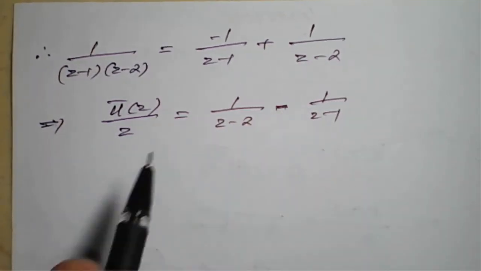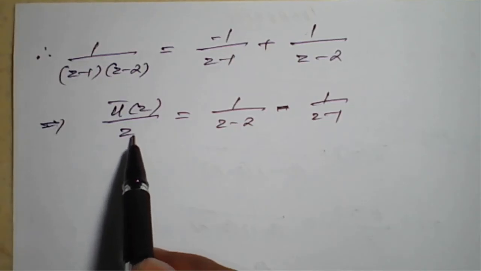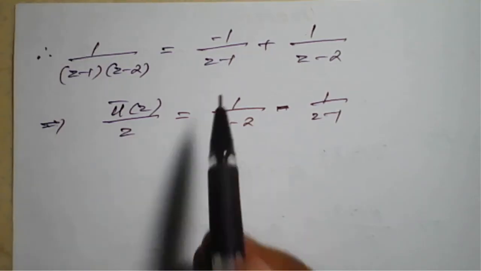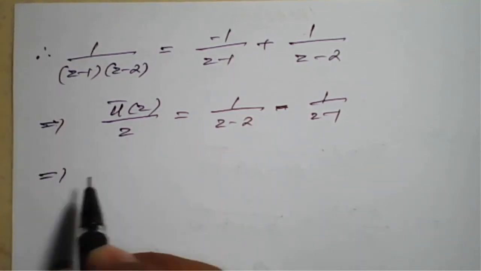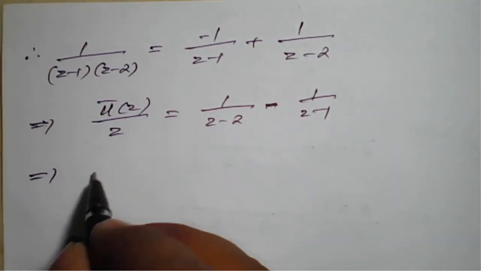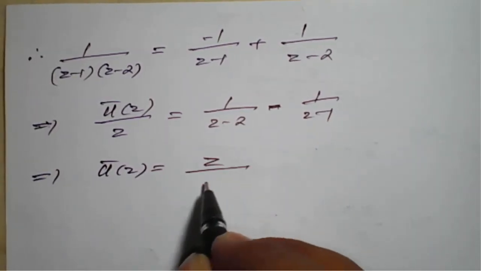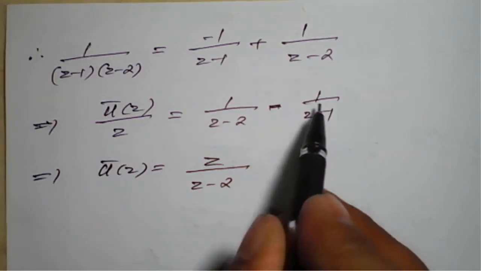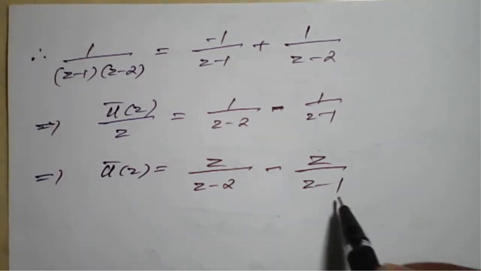Once we got this, to apply the inverse z transform on both sides, we need to multiply this z to the right hand side. So u dash of z is equal to z divided by z minus 2, because if you multiply this z, it will go to both the terms, minus z divided by z minus 1.